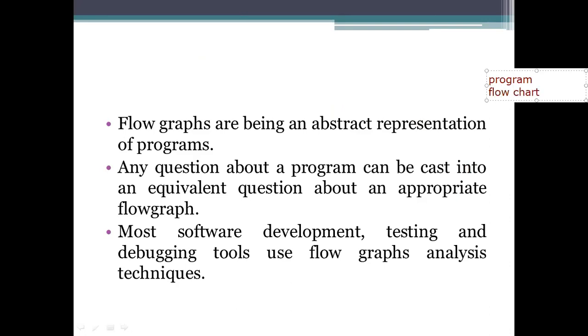The first representation will be the flowchart, and next we get the flow graph representation, which is a simplified one, obtained by converting it more than 2 times.